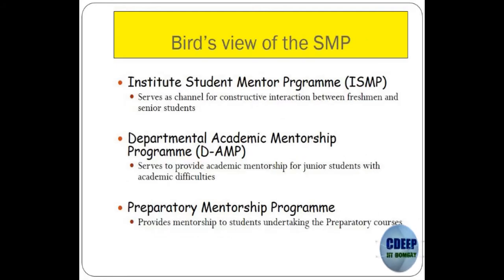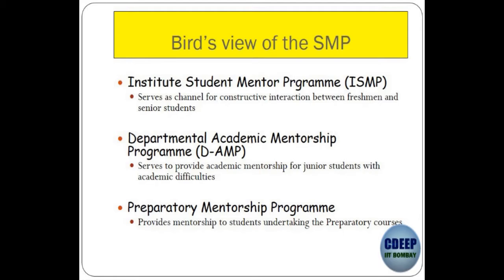Right, now I'll give you a quick bird's-eye view of what this student mentor program is all about. We have essentially several wings here. The first wing is the Institute Student Mentor Program, which serves as a channel for constructive interaction between the freshmen, that is the new entrants into the undergraduate program, and the senior students. So that is ISMP, which is mentoring the new entrants into the undergraduate program.